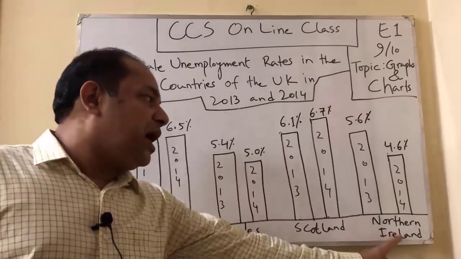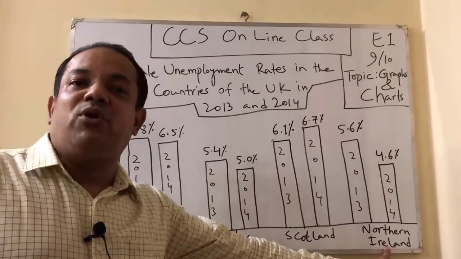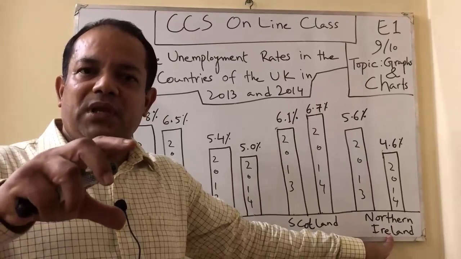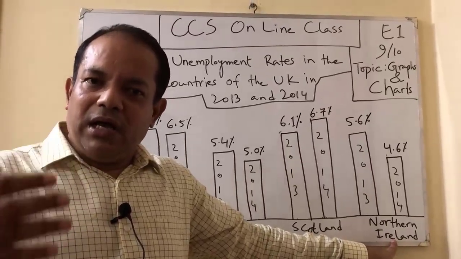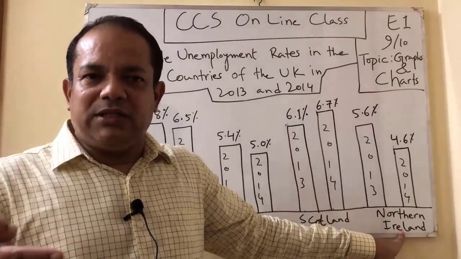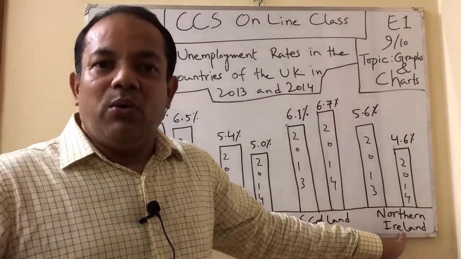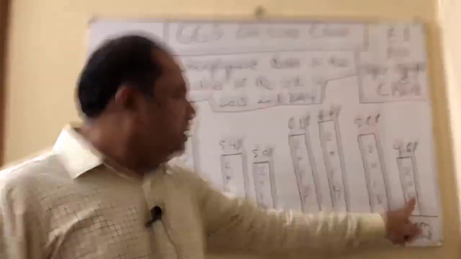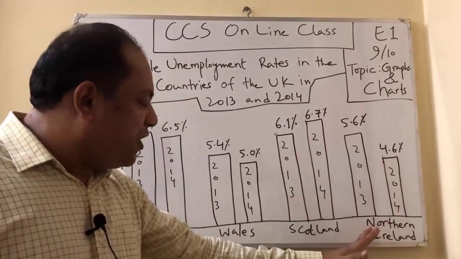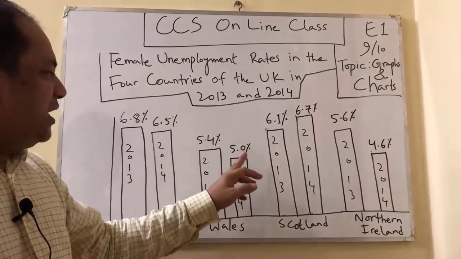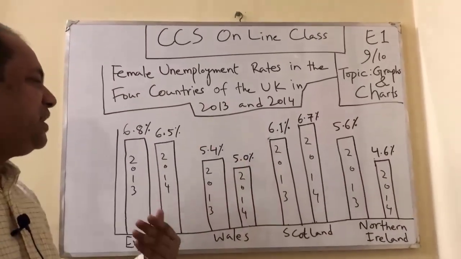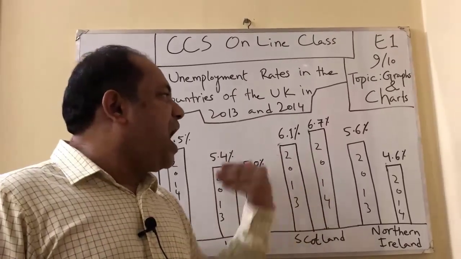That means in Northern Ireland, we are writing body paragraph 1. In body paragraph 1, we will go for the rate which went down: in Northern Ireland it became 4.6% in 2014, and in Wales in 2014 it became 5.0%, whereas it was a bit higher.